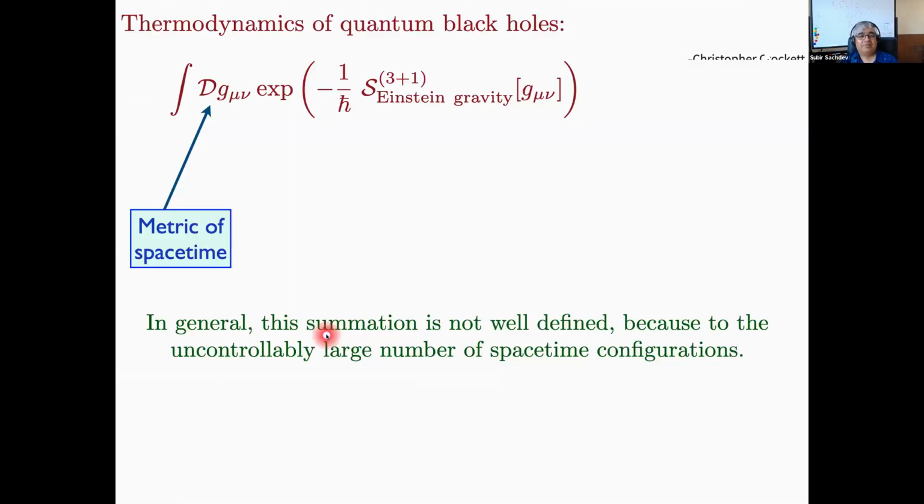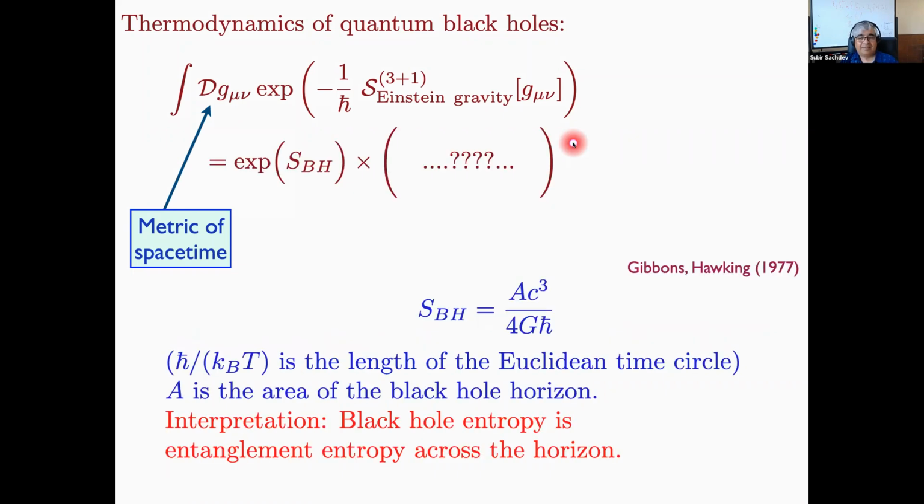All right. So let's just think about thermodynamics of quantum black holes. So the most naive thing you'd want to do is just evaluate this path integral of Einstein gravity in a black hole background. But of course, it doesn't make any sense because we know the path integral is full of UV divergences. But nevertheless, in a very inspiring calculation in 1977, Gibbons and Hawking said, well, let's not worry about all the fluctuation corrections.